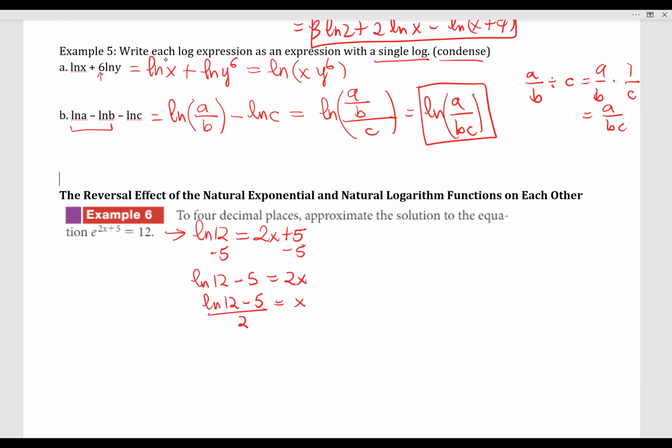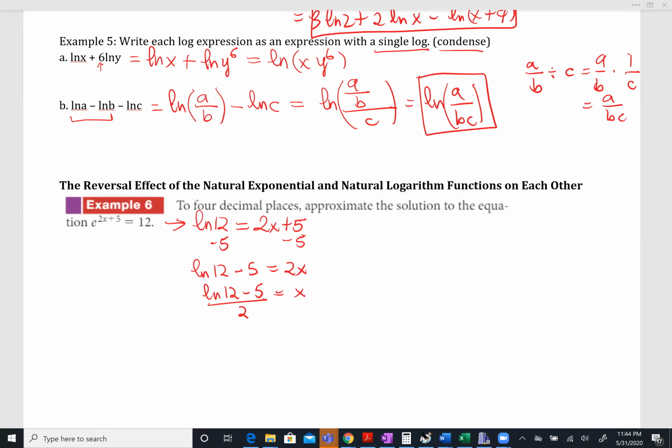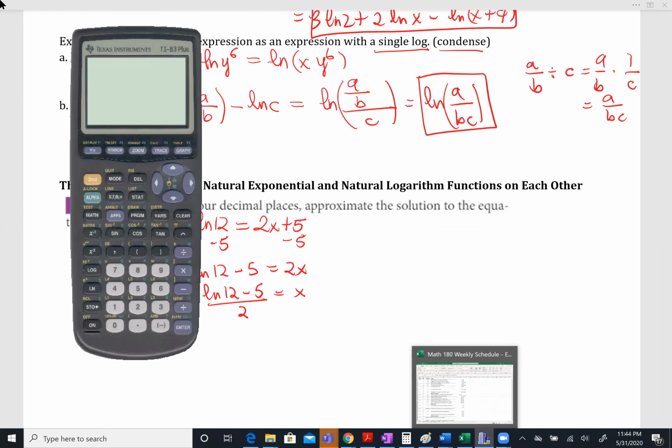So now this should be the time that you need to use the calculator. Let me see. I use my calculator. Here we go.